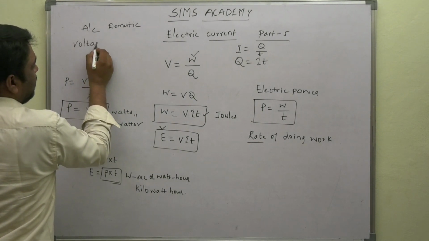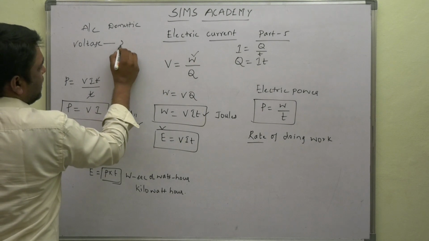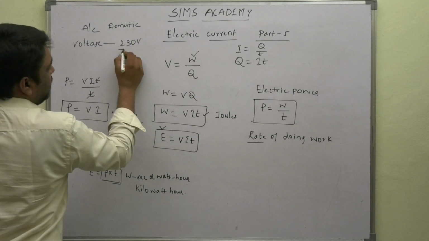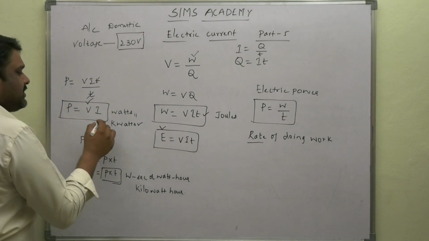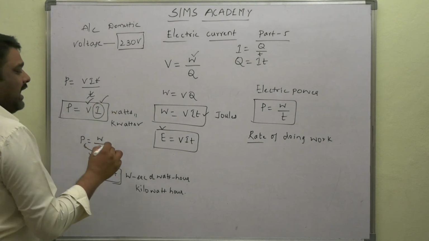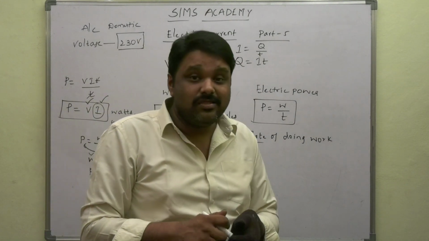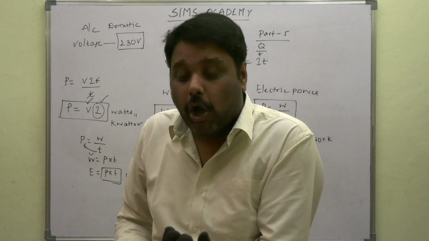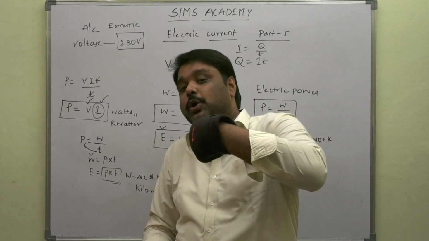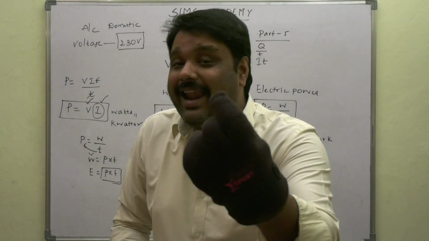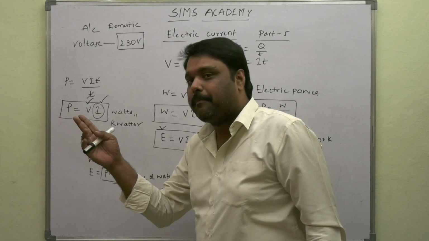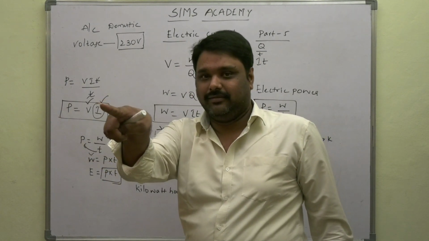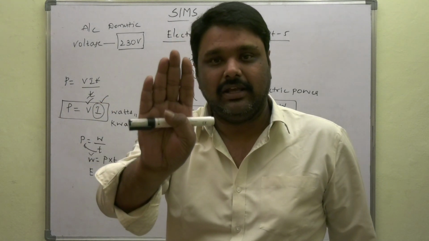Let us suppose it is 230 volts. If voltage remains constant, then the current consumed by the given electrical appliance gives the electric power. We get the power bill, right? How much is the power?